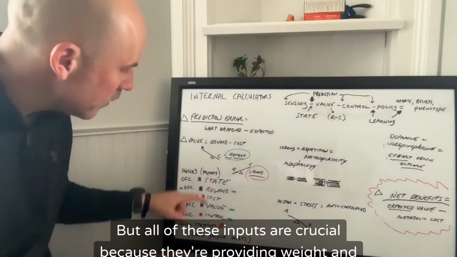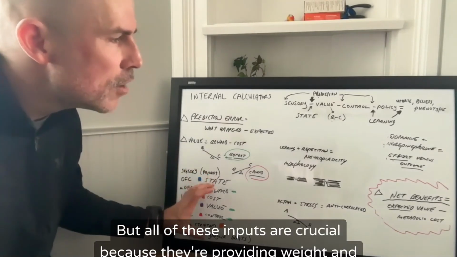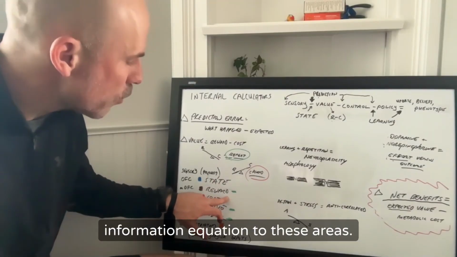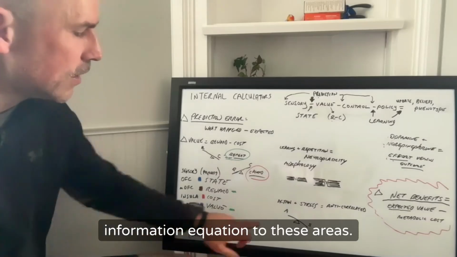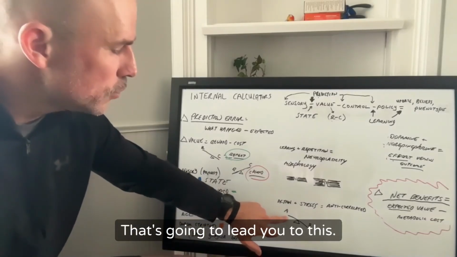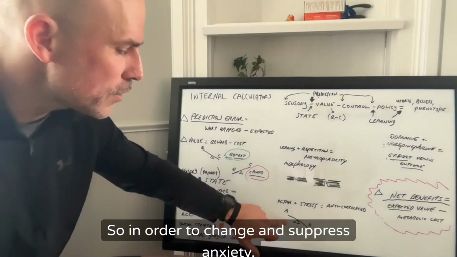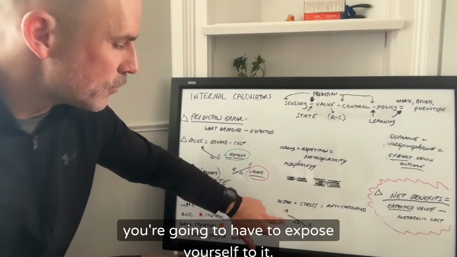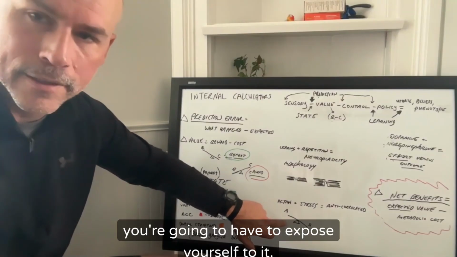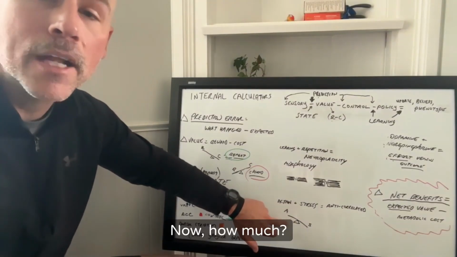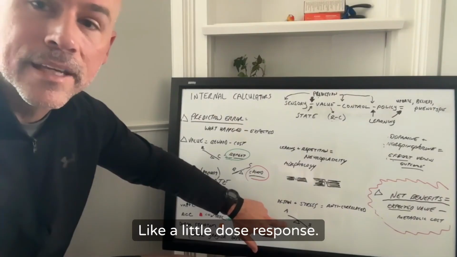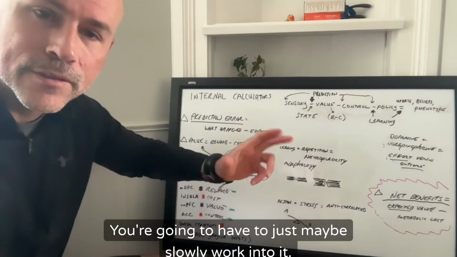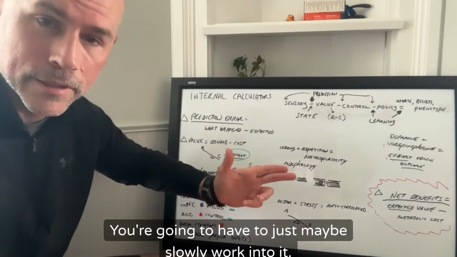But all of these inputs are crucial because they're providing weight and information equation to these areas that's going to lead you to this. So, in order to change and suppress anxiety, you're going to have to expose yourself to it. Now, how much? Like a little dose response. This amount of something gives me this response. You're going to have to just maybe slowly work into it.